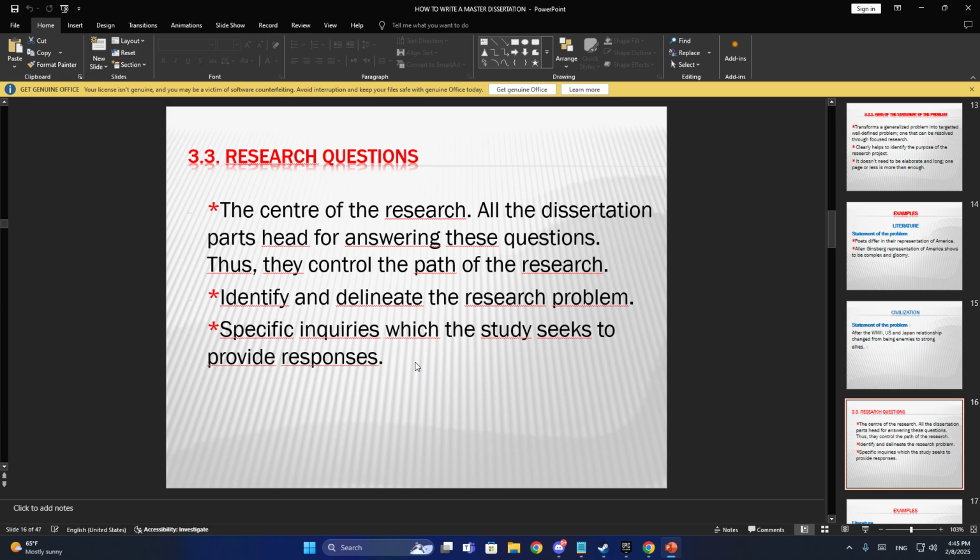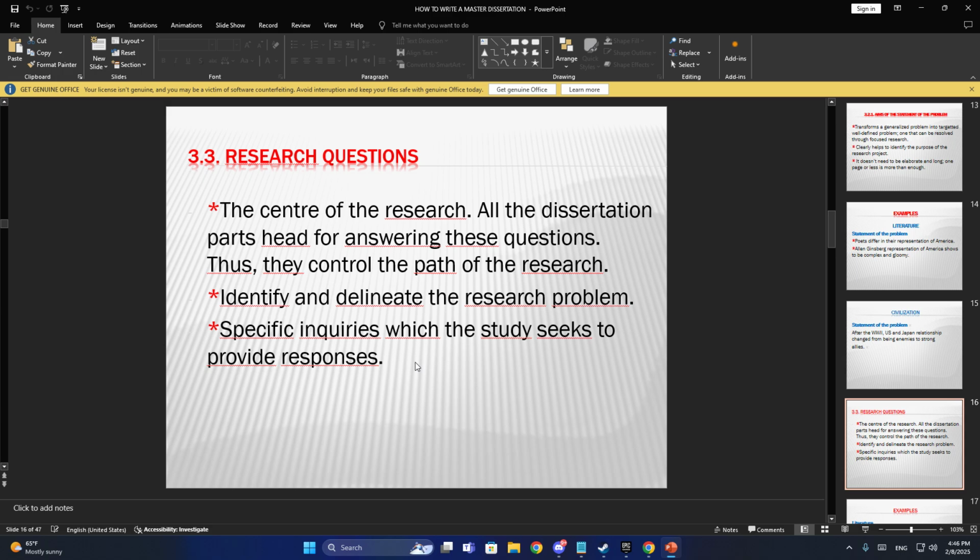After finding the gap, the problem that I would like to discuss, to solve, to highlight, then at this stage I can formulate my research questions. The research questions are the questions that are to be solved throughout the dissertation.